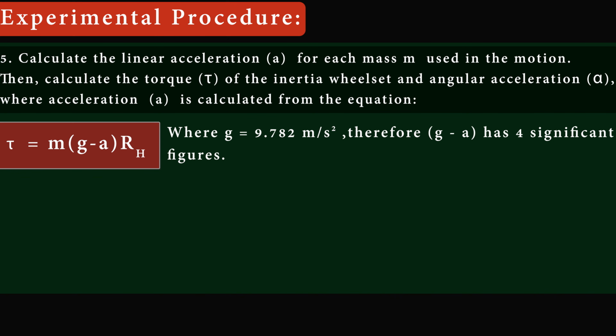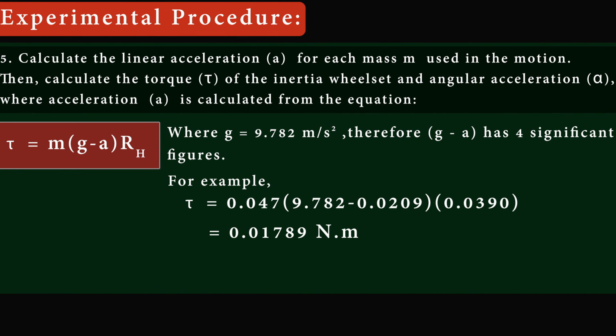The answer should have the same precision as the least precise value, resulting in 3 decimal places or 4 significant figures. When this result is multiplied by the mass m and the radius of the shaft rh, the final answer follows the multiplication principle.